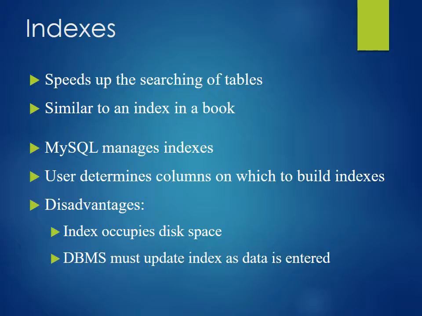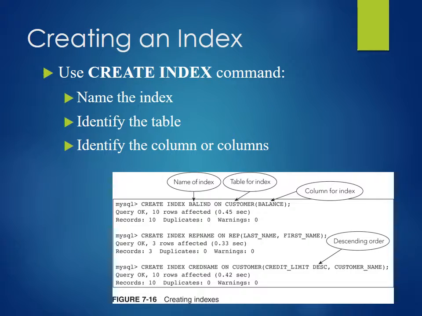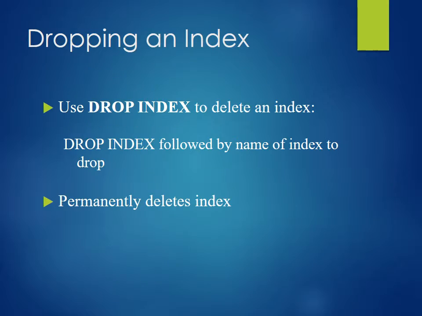But if there are columns that you're going to use over and over again for data that's entered a lot, you may want to use an index because it will speed things up. Here's an example, figure 716 in your book, of how to create an index.